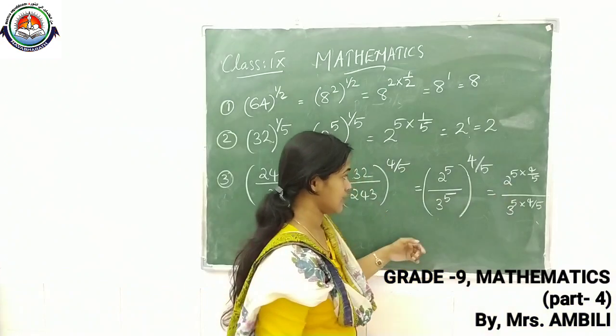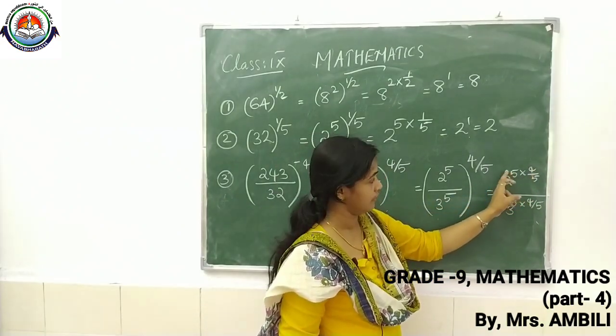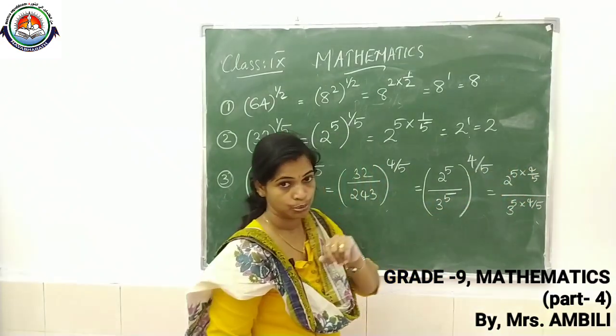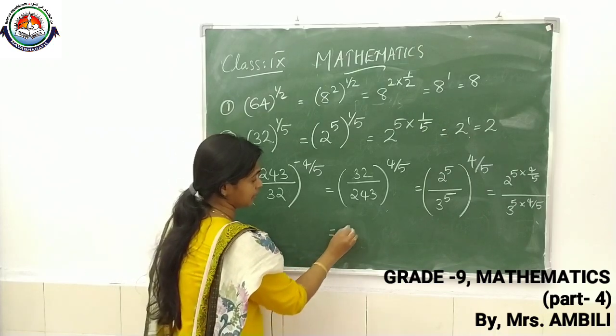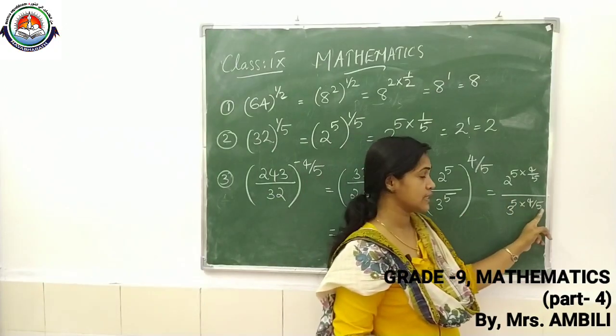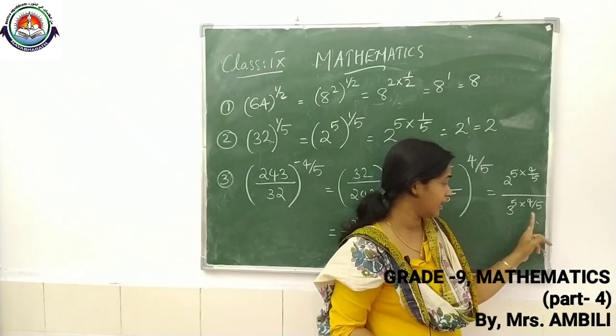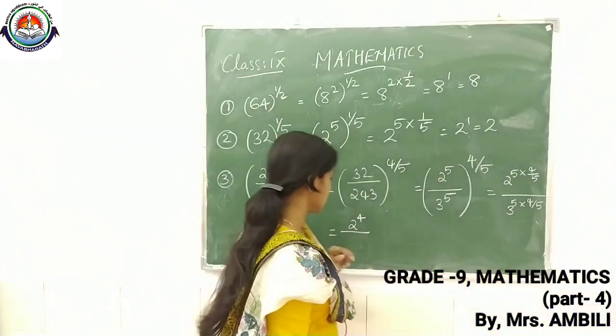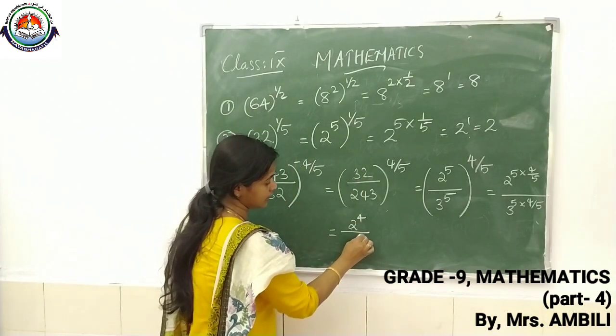Then we can cancel here 5 into 4 by 5. 5 and 5 cancel, so what is remaining? 2 raised to 4. I am writing here. 2 raised to 4 divided by, here also this 5 and 5 you can cancel. What is remaining? 3 raised to 4. So 2 raised to 4 by 3 raised to 4.